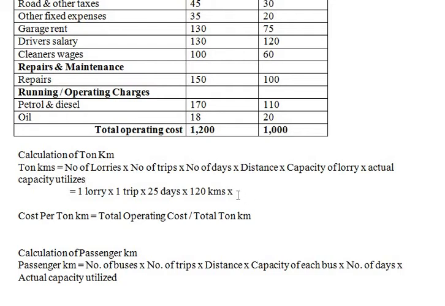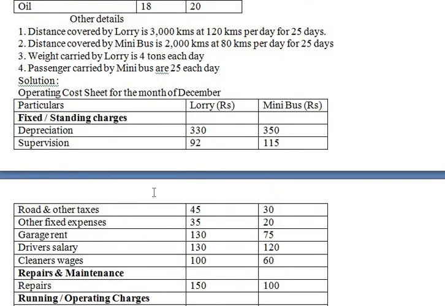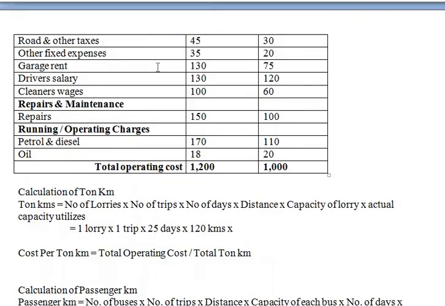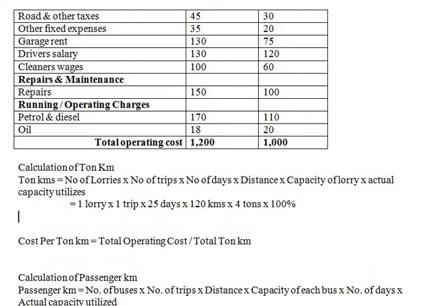Now capacity of lorry is given in the problem. Weight carried by lorry is 4 tons each day. So into 4 tons into actual capacity utilized is 100%. Calculate this, which will be equal to 12,000.